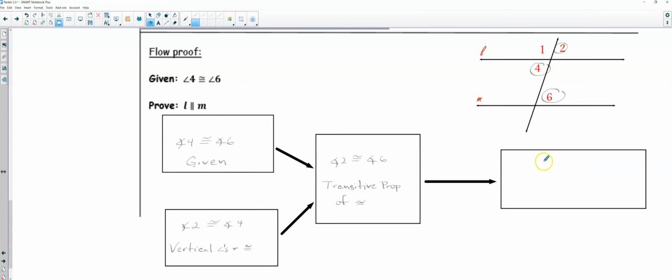So I am going to state that now, which is what I'm trying to prove, that line L is parallel to line M. And what is that reason? Well, that would be the converse of the corresponding angles theorem.